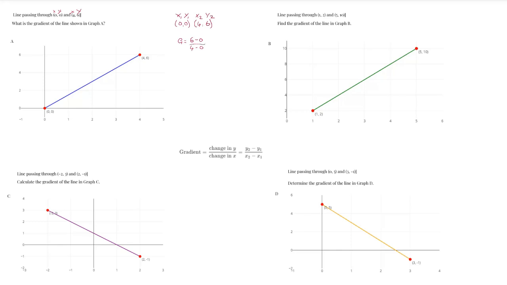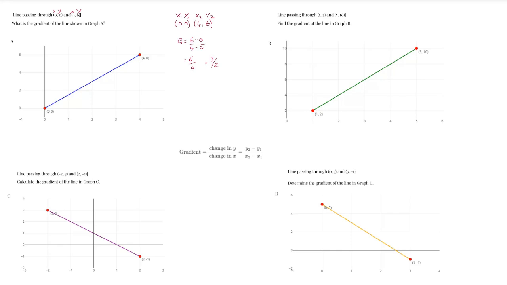Now pop that into your calculator. You're going to get 6 over 4. And we're going to simplify that down, which gives us 3 over 2.